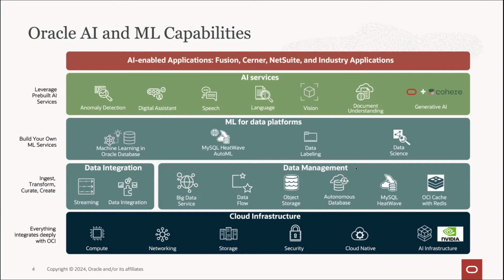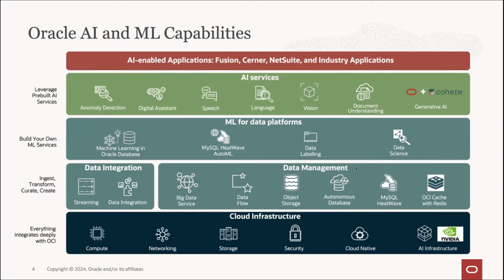So we are providing machine learning in the Oracle database itself. For example, if you are interested in using the data warehousing capabilities of Oracle Autonomous Database, you will find a lot of embedded ML functionalities within the service that you can leverage for your applications. We also have MySQL HeatWave AutoML, data labeling, data science, etc.